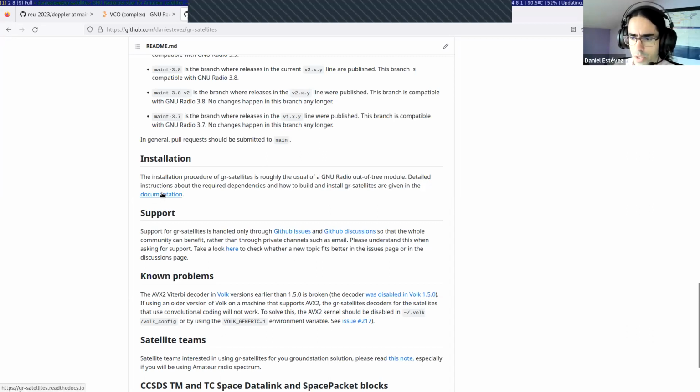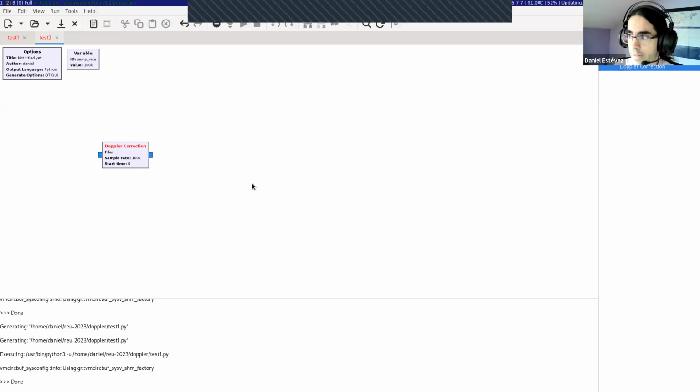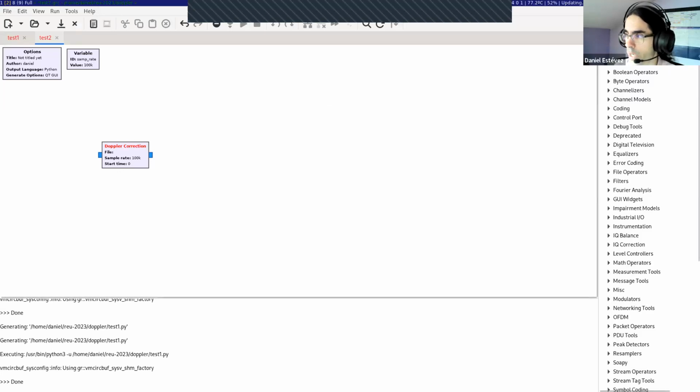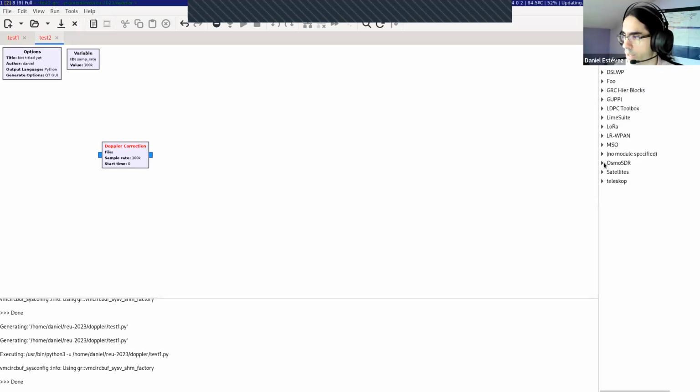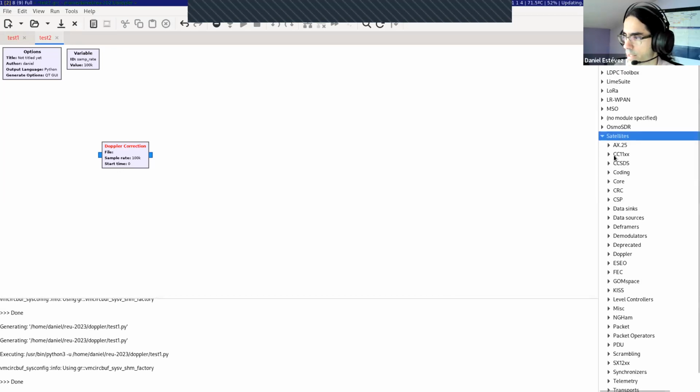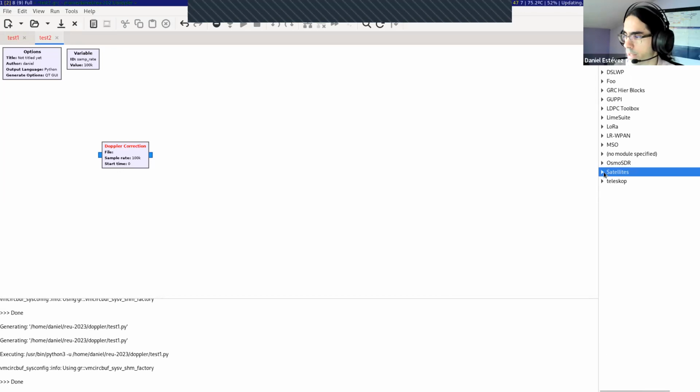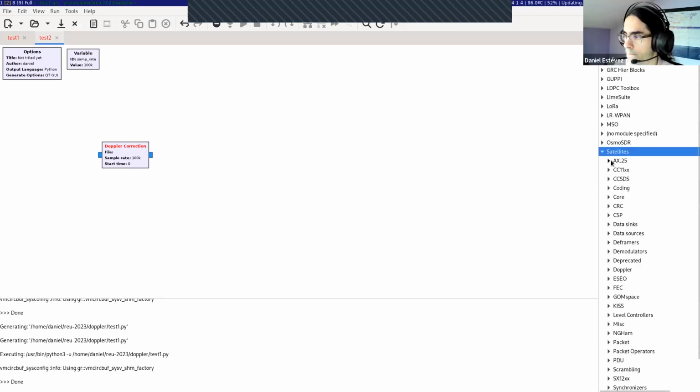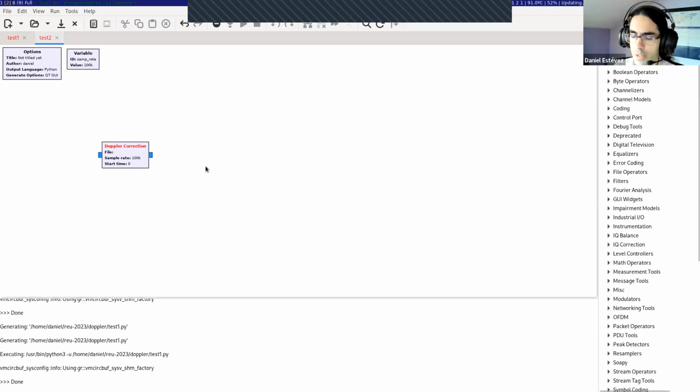It's in the documentation. And if you installed GNU Radio using Radioconda, you already have GR satellites installed. The easier way to tell is if you go here and have satellites in this menu, then you have GR satellites installed. If you don't, then you need to install it. So, okay, Doppler correction.